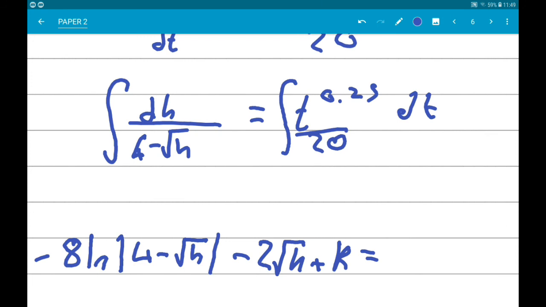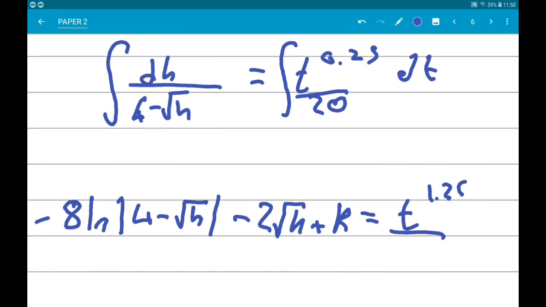Now on the right, t to the 0.25 is going to be t to the 1.25 and that's now over 25. Now there's no constant on the right because we have it on the left.